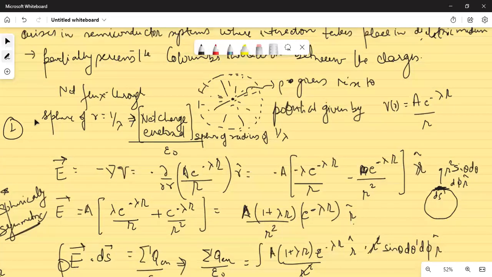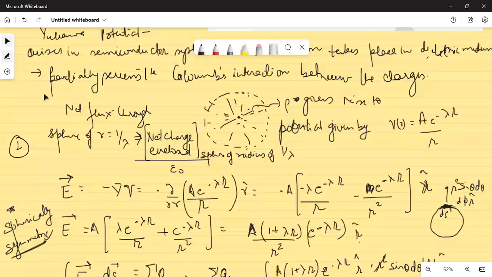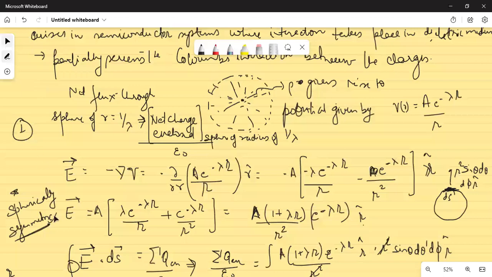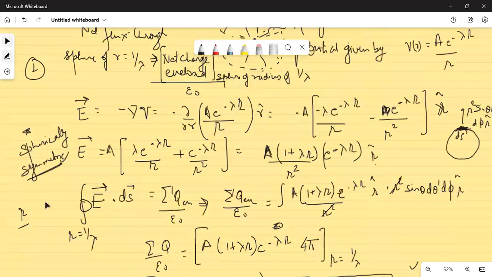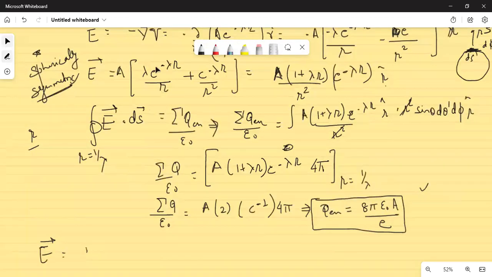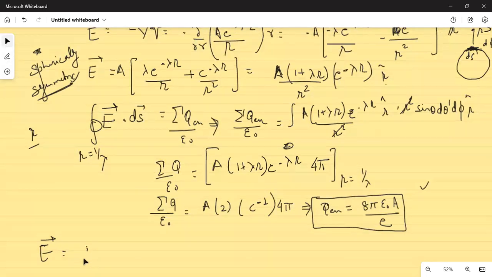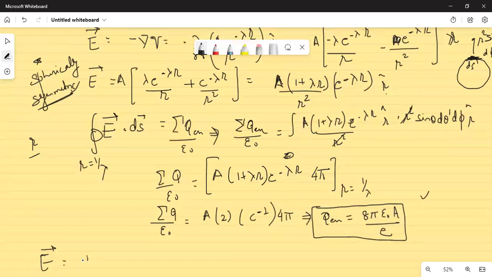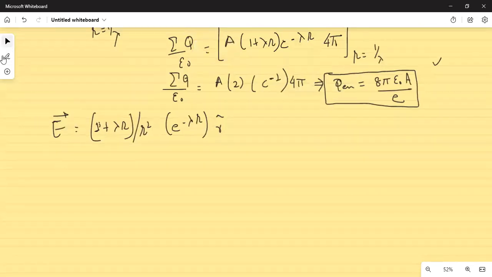The electric field is A times (1 plus lambda r) divided by r square, and then you have e to the power minus lambda r, r cap.